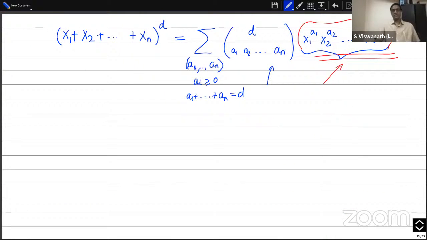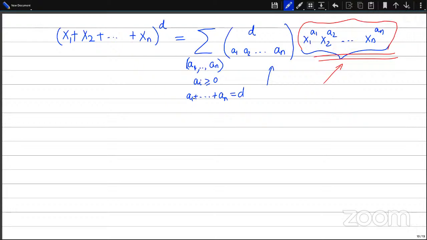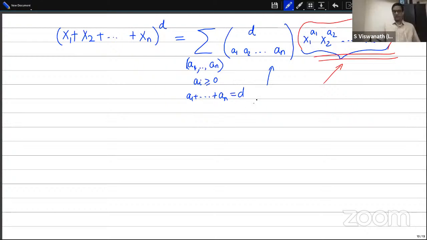Observe, it's just the same problem in disguise. It's just the number of ordered tuples a1, a2, ..., an satisfying the very same two conditions, that their total sum should be d and each of them should be greater than or equal to 0. So the answer therefore is similar.